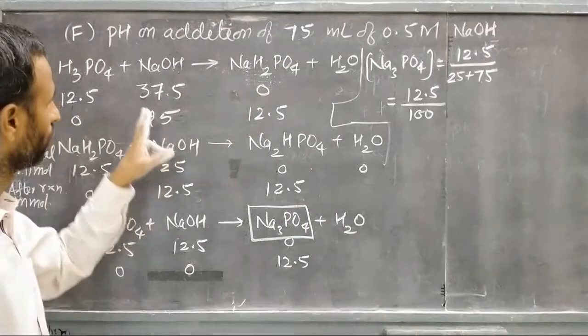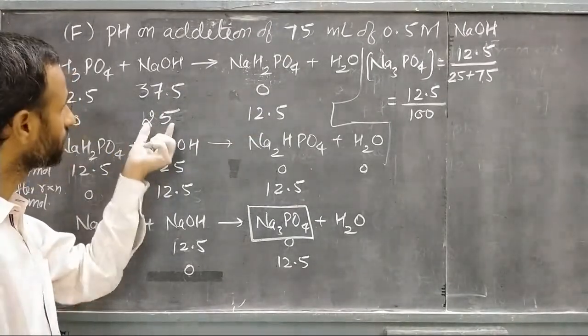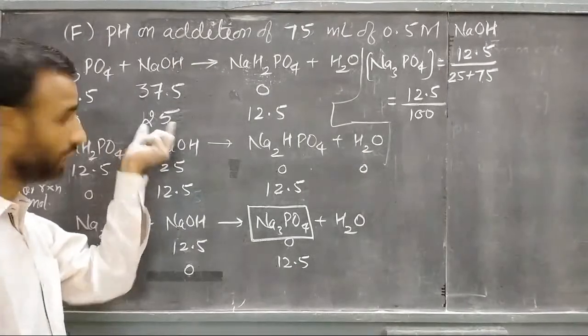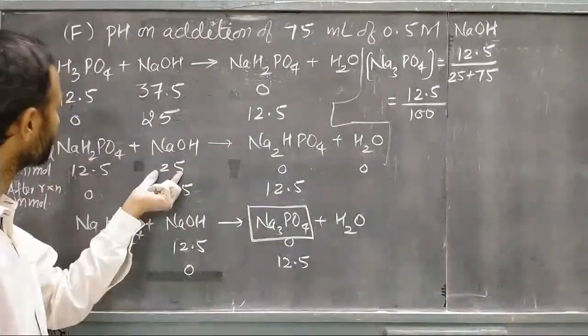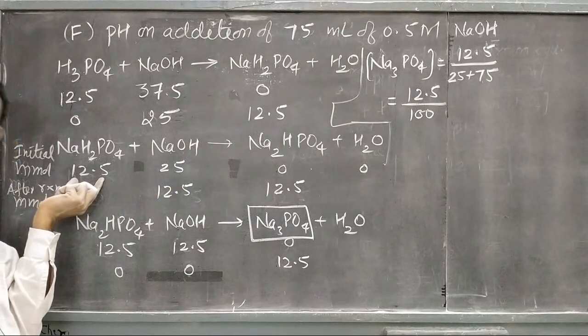Say 12.5, 37.5, 0. So 37.5, 12.5 are neutralized, that is 25 millimoles. Now this 25 millimoles reacts with 12.5 millimoles of NaH2PO4.